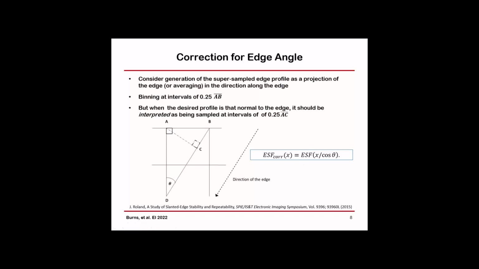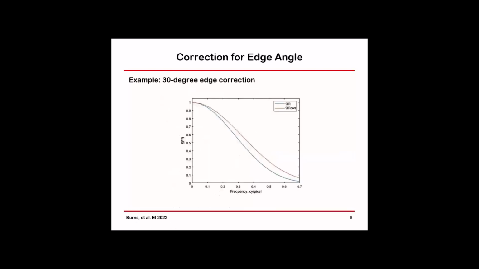So scaling of the spatial interval has a corresponding correction in the frequency domain. In this case, because the scaling of the interval is smaller than the subpixel sampling, we see that it extends the SFR frequency.